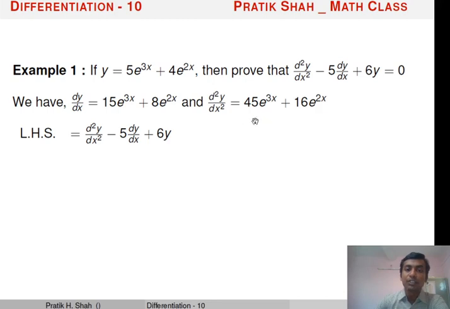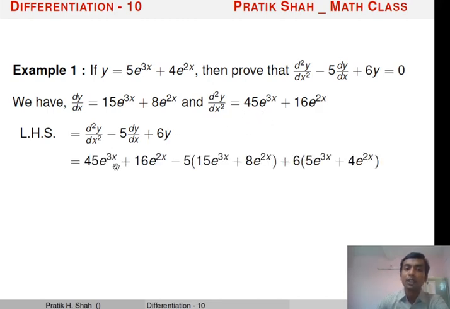Let's substitute these values. So d square y by dx square is equal to 45 e raised to 3x plus 16 e raised to 2x, minus 5 as it is, dy by dx is equal to 15 e raised to 3x plus 8 e raised to 2x, plus 6 as it is, and y is equal to 5 e raised to 3x plus 4 e raised to 2x.